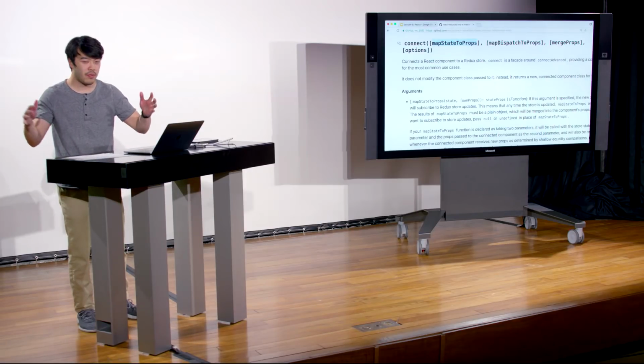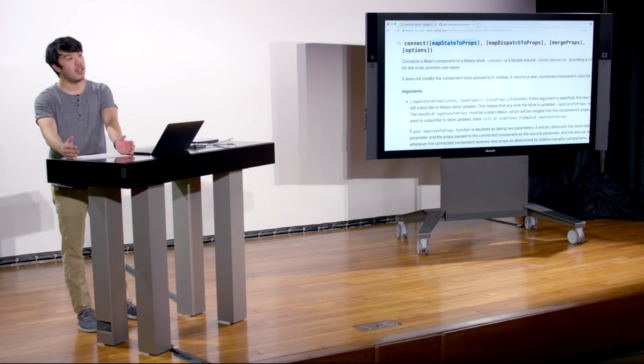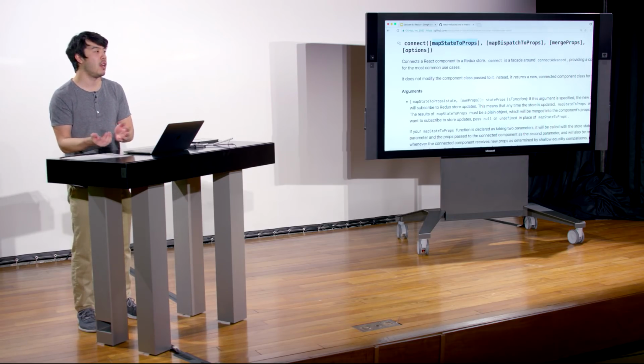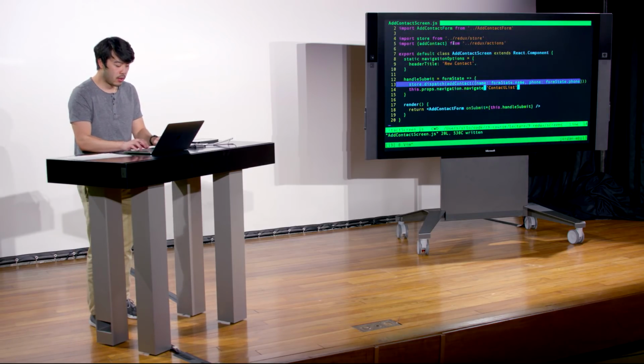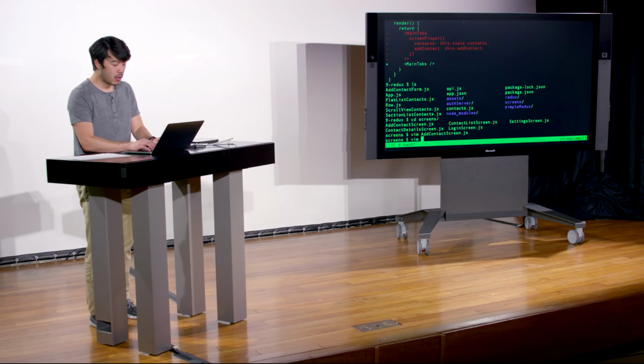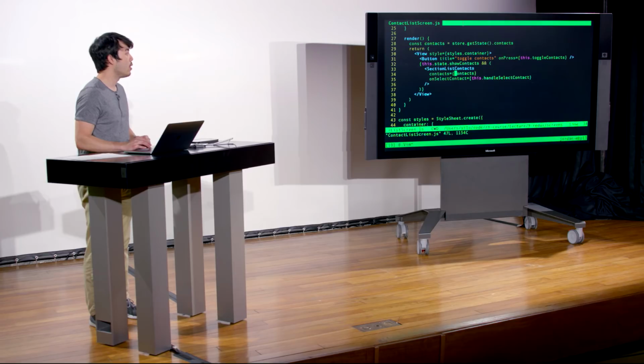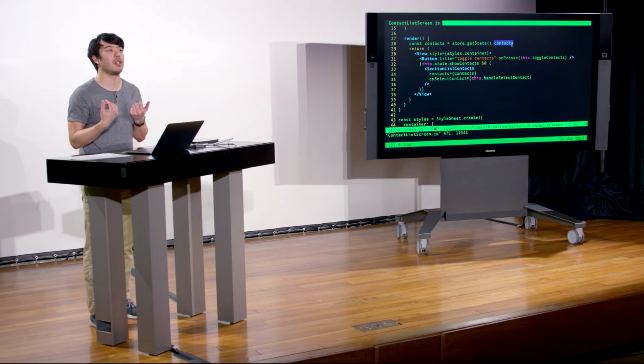Meaning for this particular component, it doesn't care about our entire application state. It only cares about a subset of it. For a particular example, our contact list screen doesn't care about our entire state. We only care about this one key called contacts.